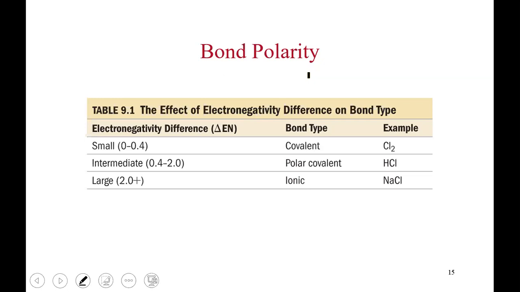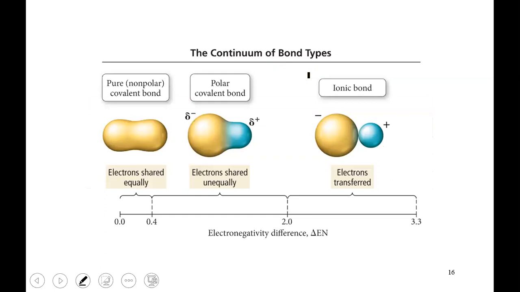Remember, in the previous approach that we had, we simply said, well, if it's a metal and a non-metal, it's ionic. If it's a non-metal, it's covalent. But now we have a bit more nuanced type of scale, and you can see it on the next chart. As you can see, the electronegativity difference runs in a range from 0 to above 2.